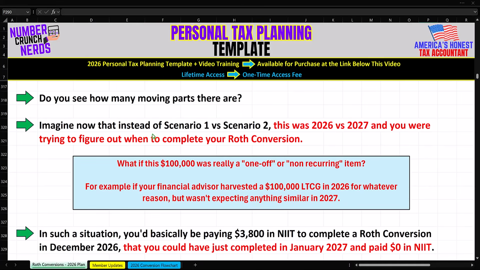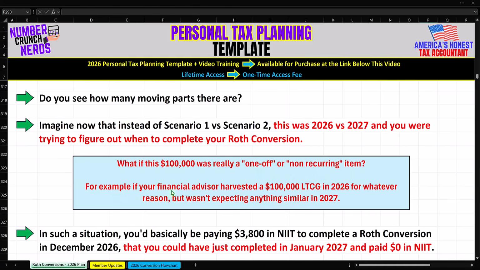Imagine now that instead of just scenario 1 versus scenario 2 above, this was really 2026 versus 2027, and you were trying to figure out when to complete the Roth conversion, like we mentioned earlier in the beginning of the problem. Well, what if, for example, this $100,000 of investment income was really like a one-off or non-recurring item?